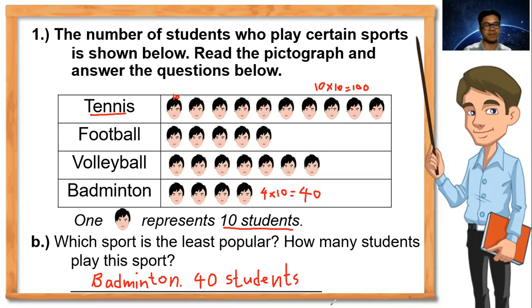Okay. So again, which sport is the least popular? The least popular sport is badminton. How many students play this sport? There are 40 students who play this sport.